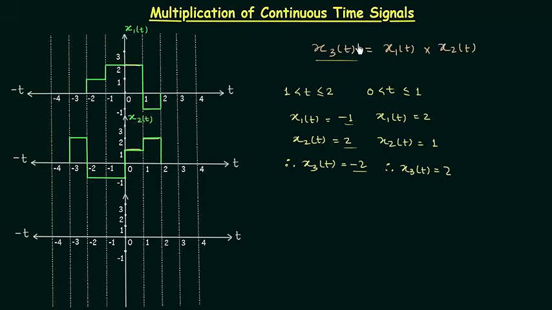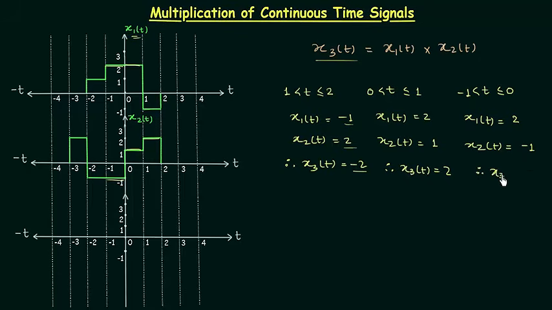Now we will find the resultant signal when time t is less than or equal to 0 but greater than -1. During this time interval, x1(t) is equal to 2 and x2(t) is equal to -1.